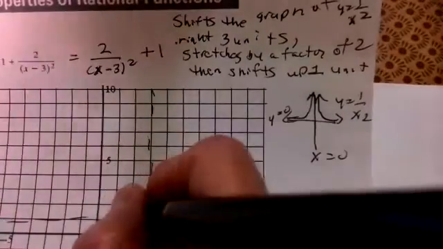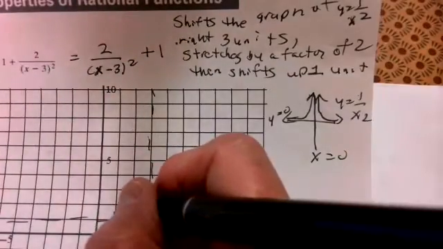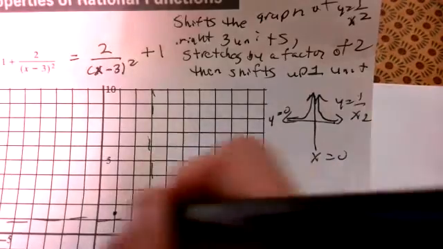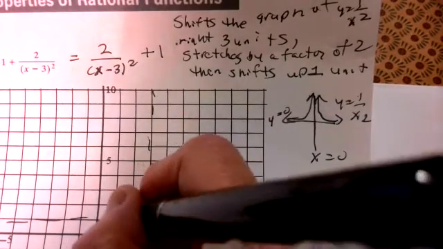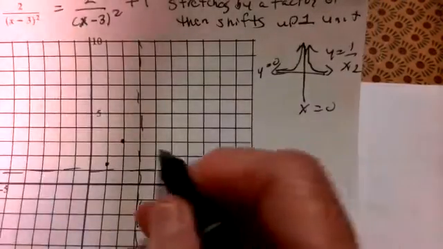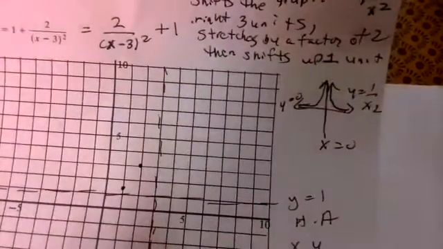But it's going to have the point 2 over and 3 up. Like that. And then you could plot some points over on this side as well.